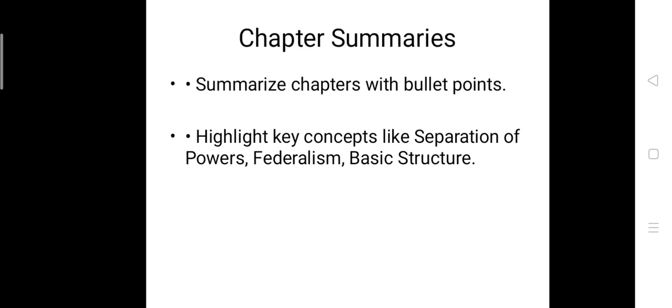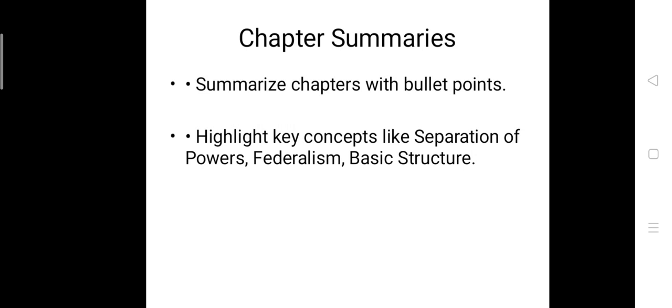Next, chapter summaries: summarize each chapter with bullet points. First just read the chapter. The second time, go through the PYQs and focus on the keywords. In the third reading, highlight the most important topics and key concepts like separation of powers, federalism, and basic structure.